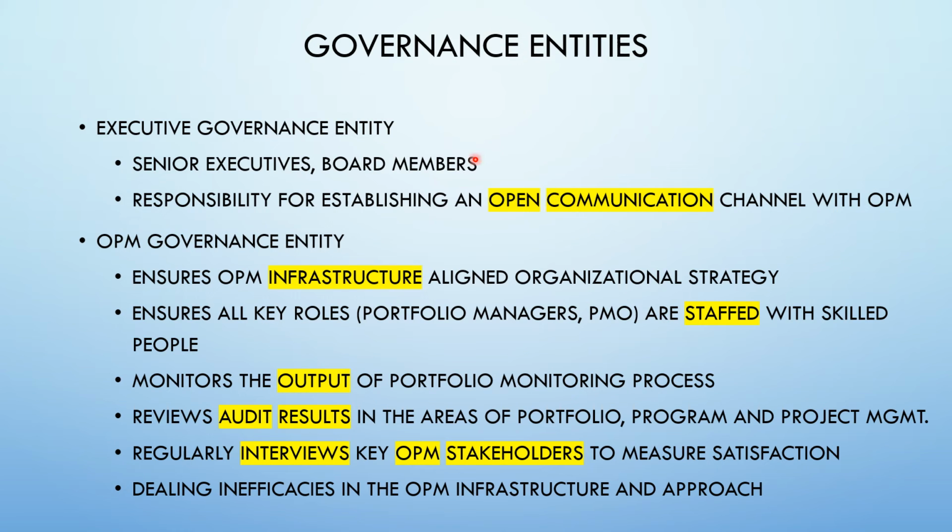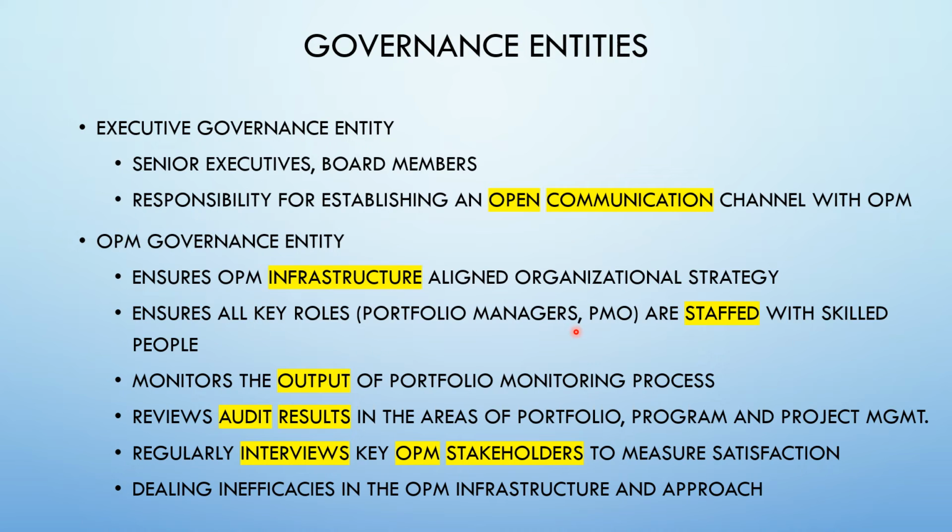Right, so the executive governance entity sits on top of the OPM governance entity. If it's a small company, OPM governance and executive governance might be the same, right? So the OPM governance entity ensures the OPM infrastructure is aligned with organization strategy, right?